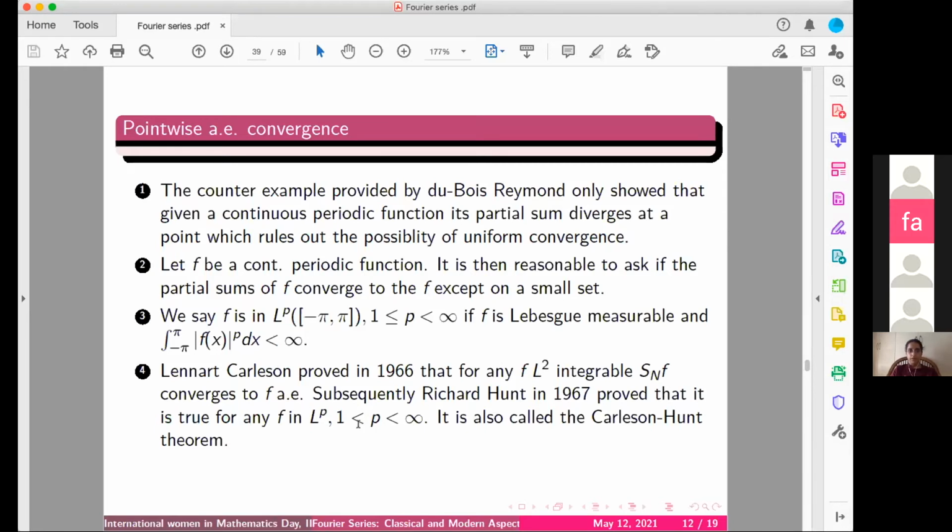And subsequently, Richard Hunt in 1967 proved that it is in fact true for f in any Lp, p between 1 and infinity. Okay, p equal to 1 is ruled out because of the counterexample by Kolmogorov. This remarkable theorem is also called the Carleson-Hunt theorem.